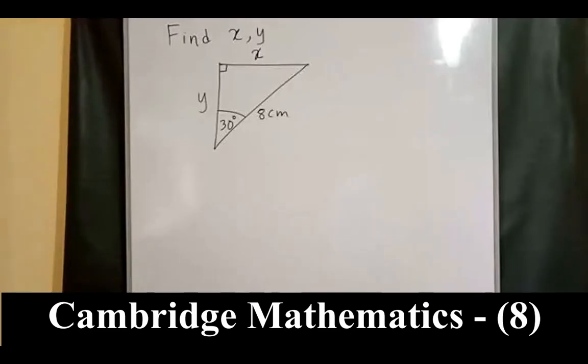So copy down the triangle and then try to identify which ratio will work here to find x or y. What do you think? If I apply sine ratio or cosine ratio or tan ratio in my expression, there will be only one unknown term.